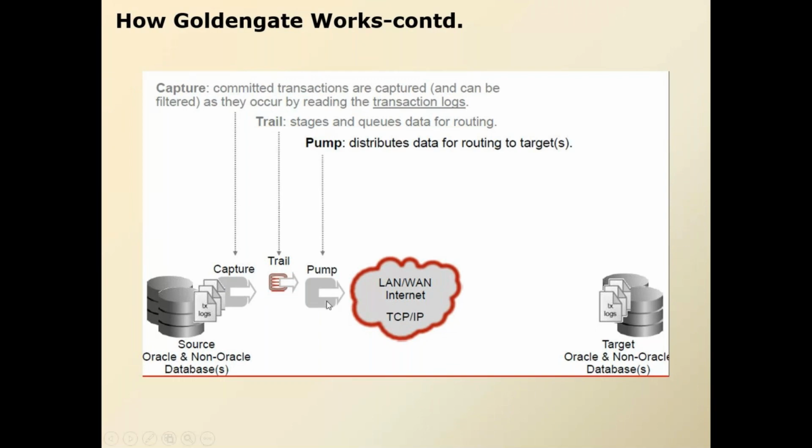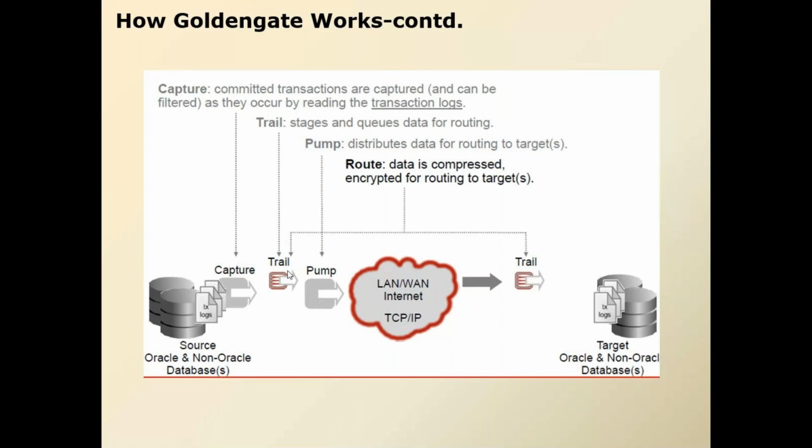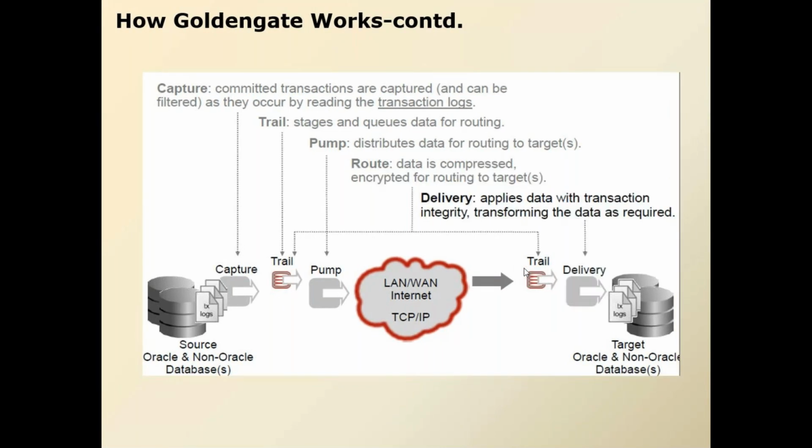Once the data becomes available into the local trail file, the data pump process reads the data from the local trail, sends it over the TCP/IP network and writes to a trail file on the target machine, which are called remote trail files. As soon as data becomes available into the remote trail file, the GoldenGate Replicat process reads the data from the remote trail and applies it to the target database.